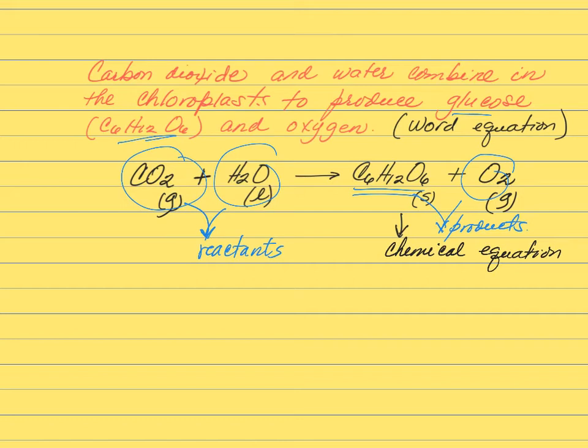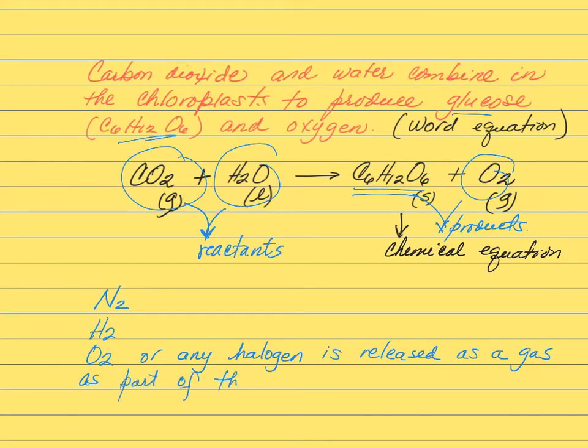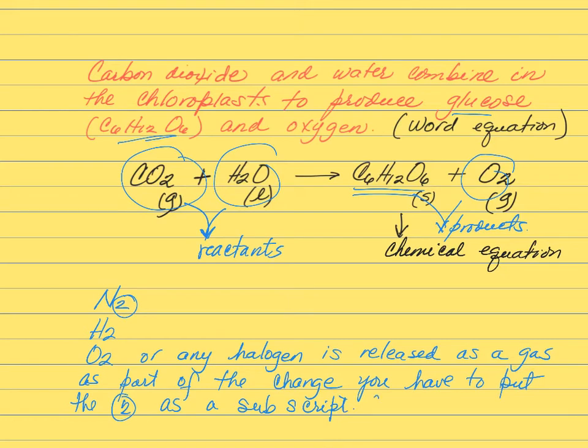Now, when nitrogen, hydrogen, oxygen, or any halogen is released as a gas as part of the products, then you have to put the 2 as a subscript because they form diatomic molecules.